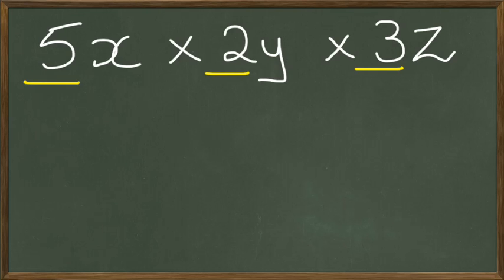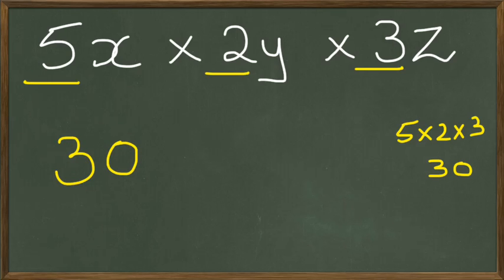So we're going to get 5 times 2 times 3, which equals 30. So I'm going to write down the 30. And of course x times y times z, well, that says xyz. So your final answer for this particular multiplying terms is going to be 30xyz.